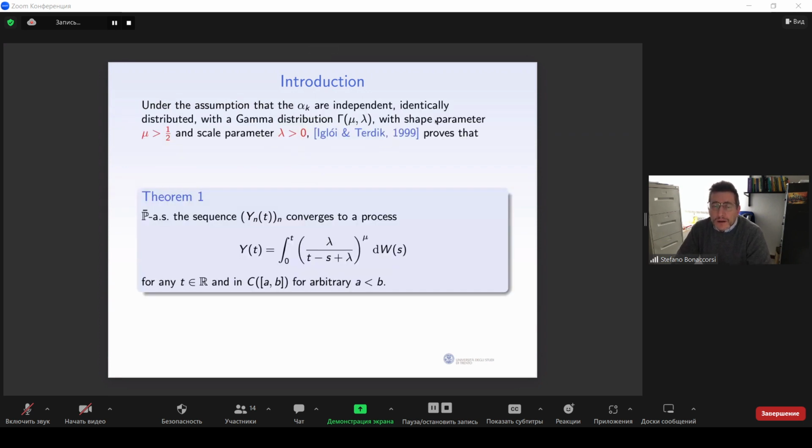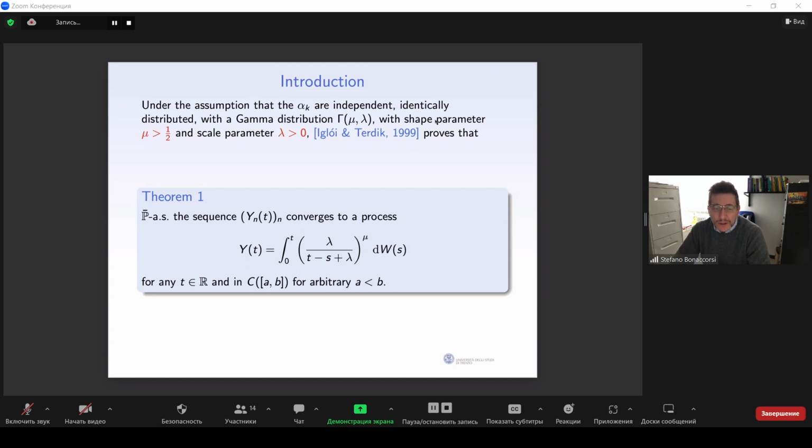What we can prove is that if we send n to infinity, and a certain condition on the coefficients alpha_k that I will recall in a moment, the sequence y_n converges to a process y_t, and this process is a Volterra process, so it's Gaussian but no longer Markov, with a kernel that is described in terms of the coefficients alpha_k.